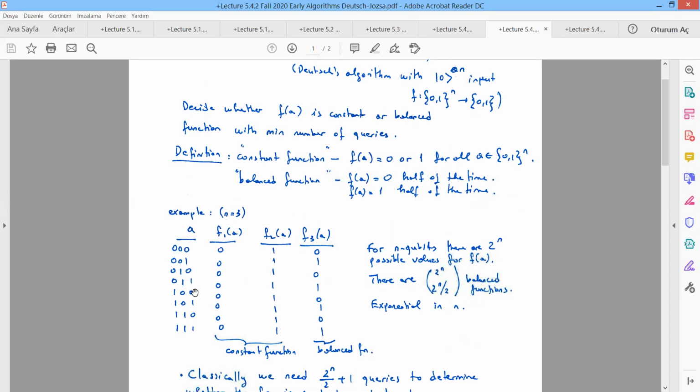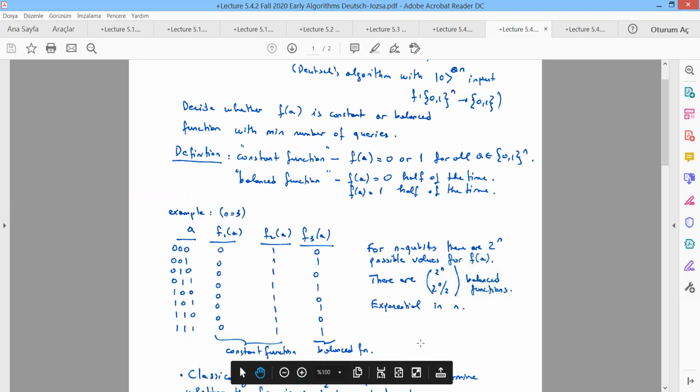These are the possible input values for A, all the possibilities of 3-bit states in this particular example. f1 of A and f2 of A are constant functions because we map all these values in f1 of A to 0, and in the case of f2 of A, we map all these possibilities to a constant value 1. So these are called constant functions, f1 and f2.